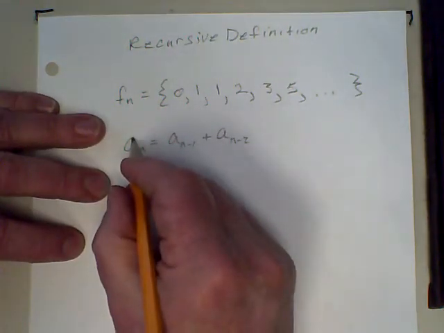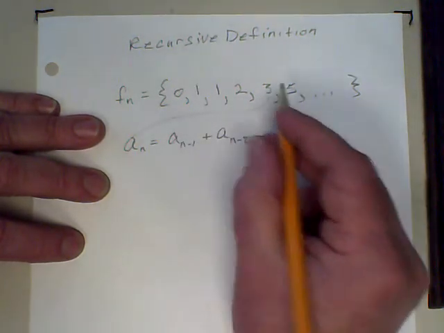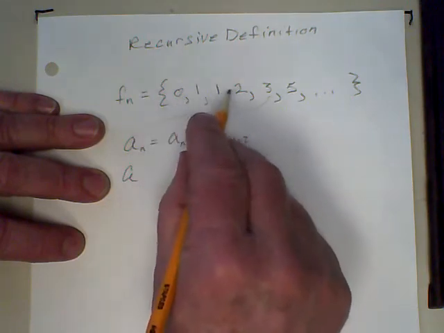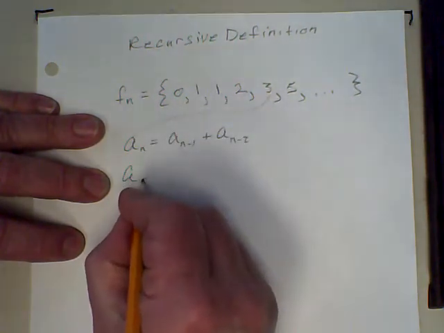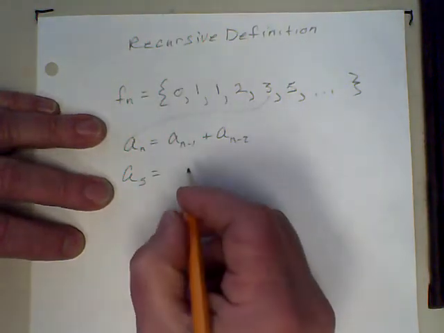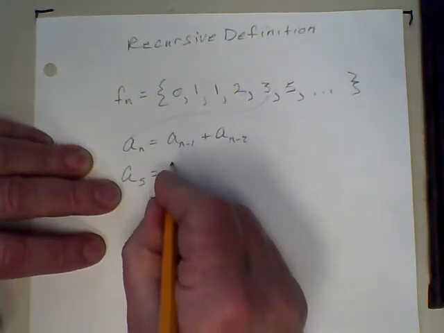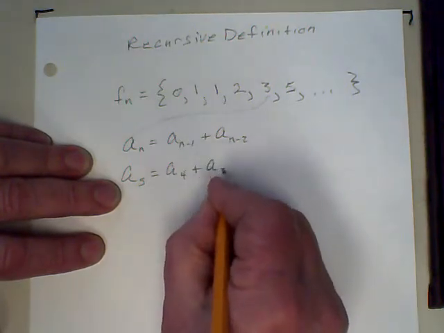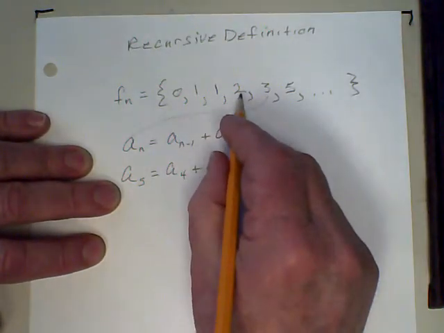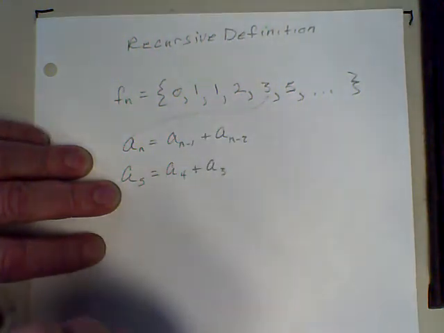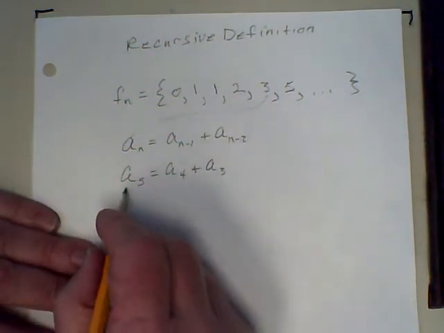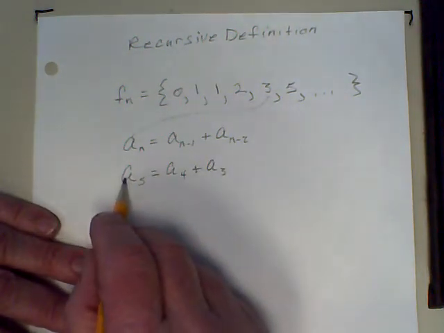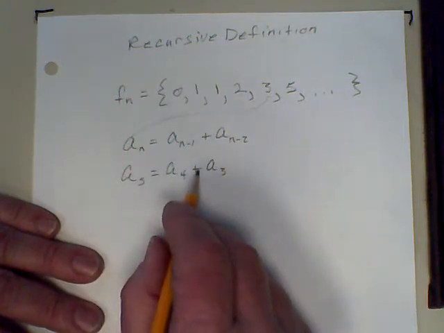So we find the next term in the sequence, say the 1, 2, 3, 4, 5th term, by looking at A sub 4 and adding it to A sub 3. And that would be the 2 and the 1, respectively. So in general, this is a recursive type of definition. You find the next term by using the previous terms.